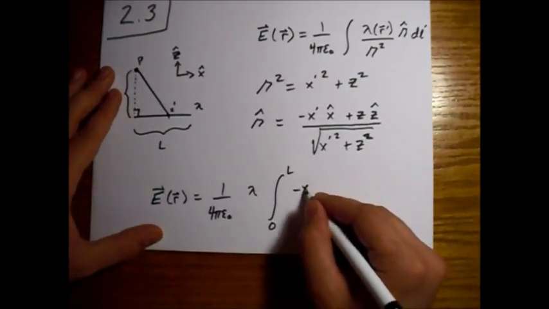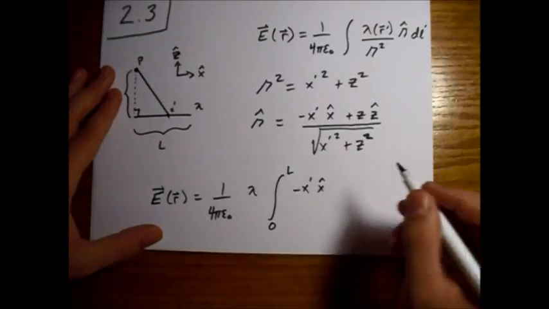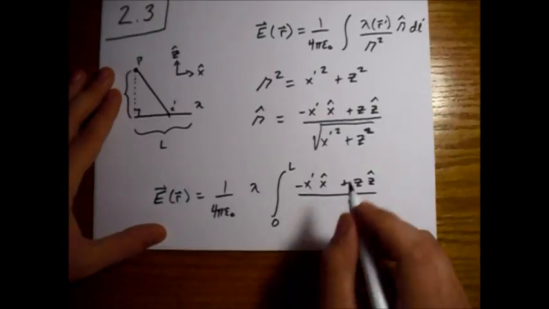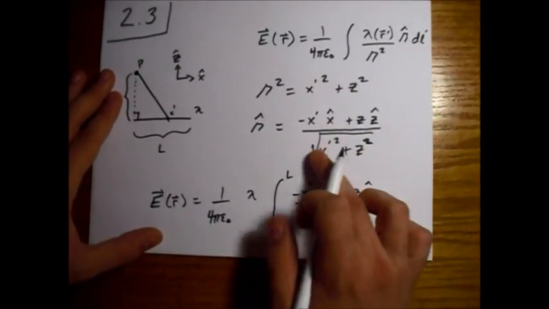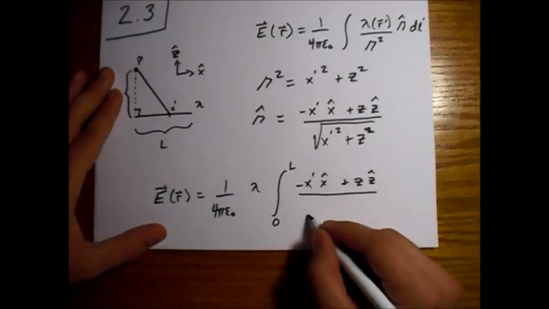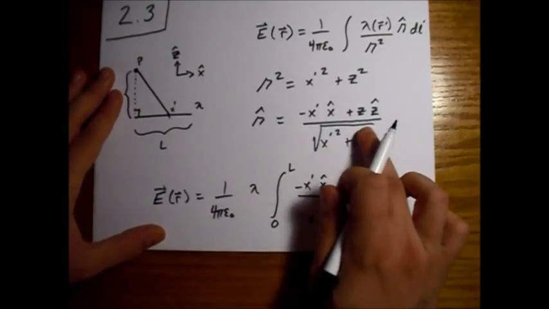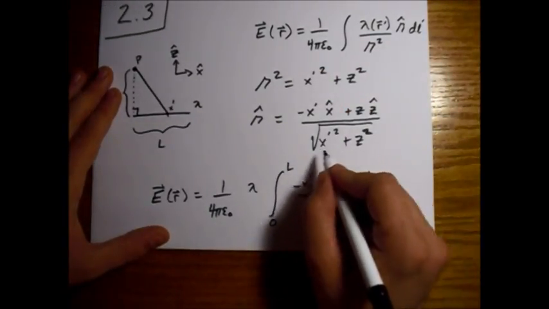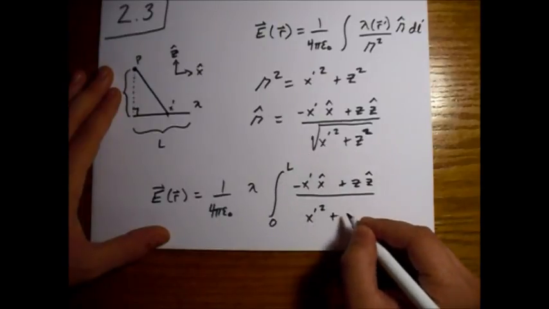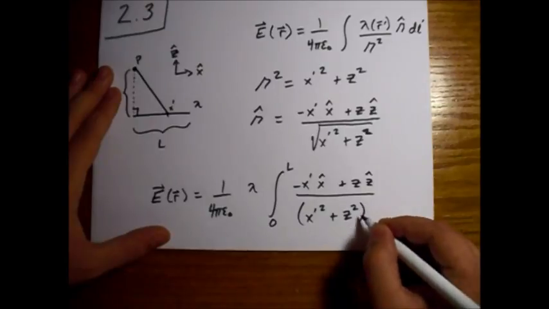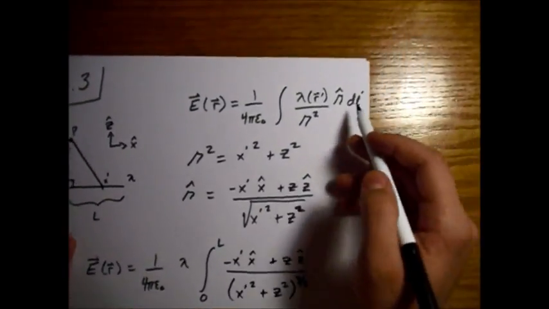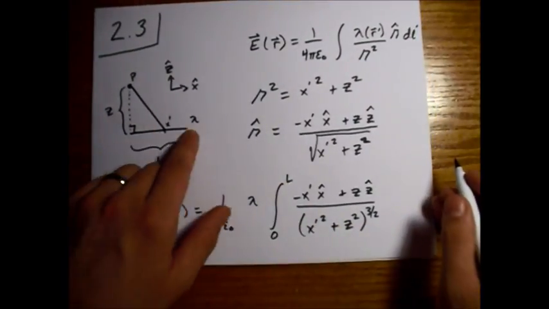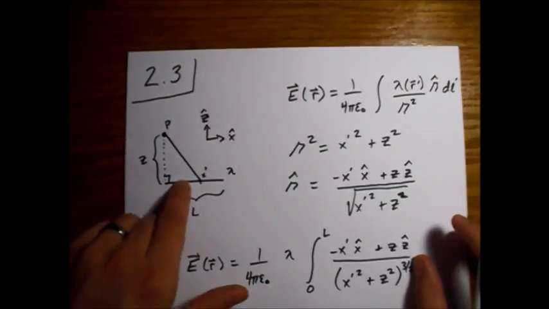So we get a minus x prime x hat plus z hat, and this is divided by this thing inside here to the 3/2 power, because we have a half power here and then 2 powers up here. Okay, so 3/2 power, and this dl prime is just a dx prime. We're just calling it, it's all along the x direction here, right?